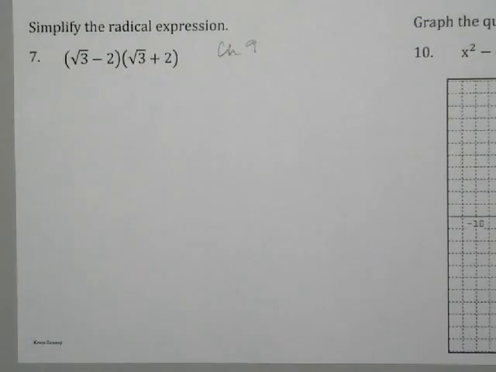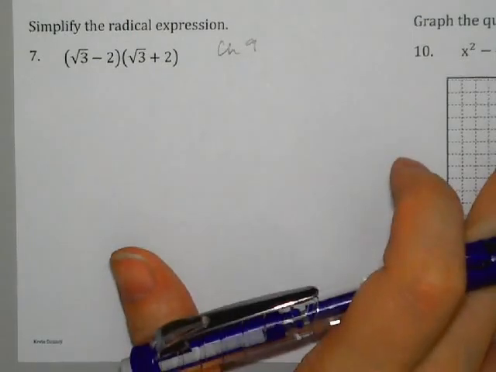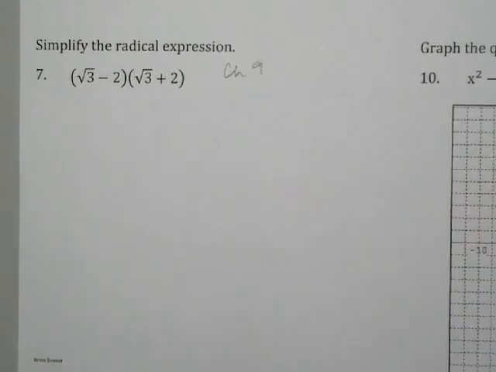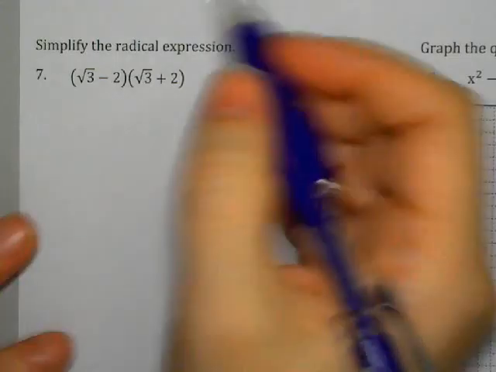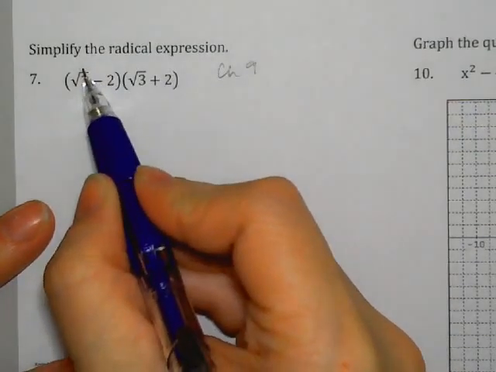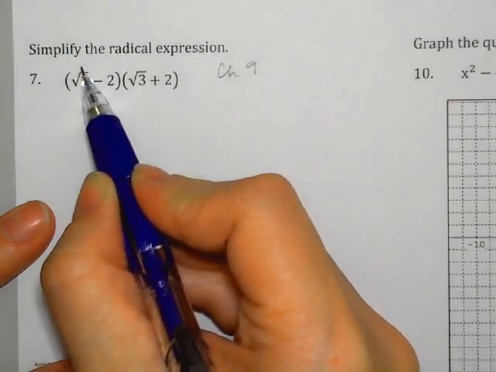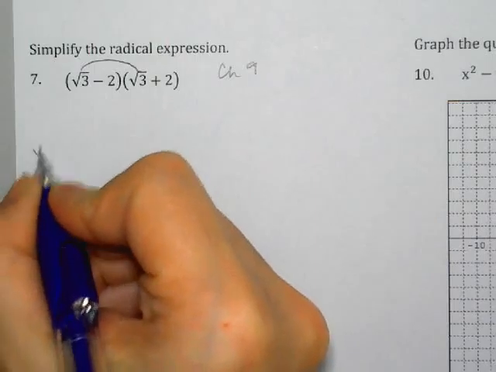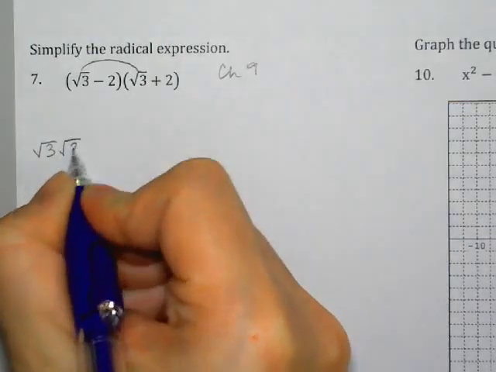Okay, number 7 is also from chapter 9, but it takes into account some of the skills that you have from chapter 6, most specifically the FOIL method. So I'm going to write this out with everything not simplified at all, and then we'll go from there. So we use the FOIL method, multiply our first terms, which are square root of 3 times square root of 3.